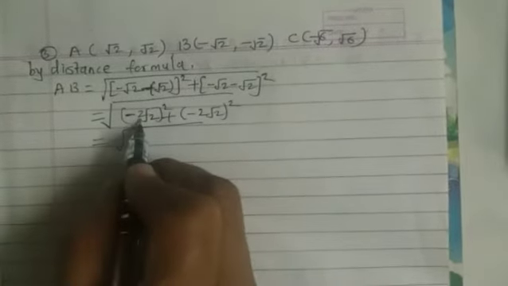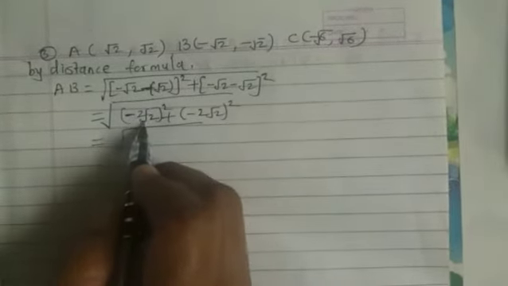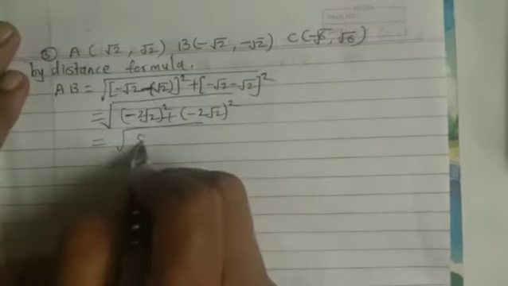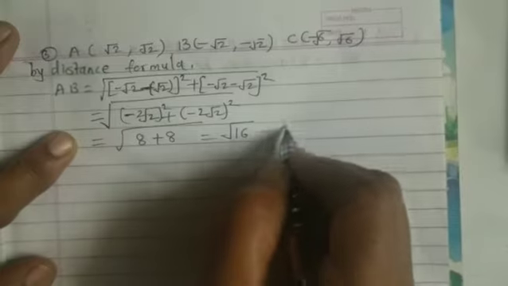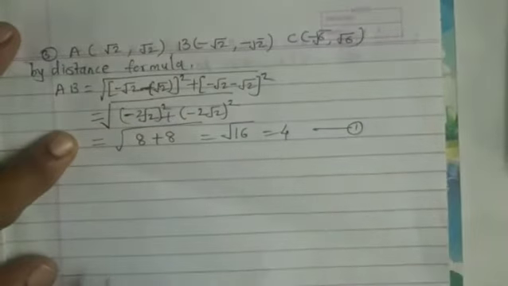Square of this minus 2 root 2 is 2 square 4, 4 2 is 8, means 8 plus 8 is equal to root 16, that is equal to 4. This is the first relation.